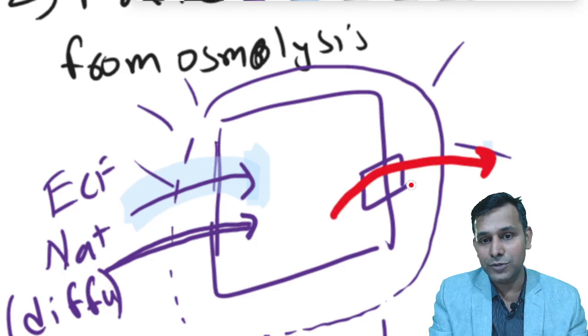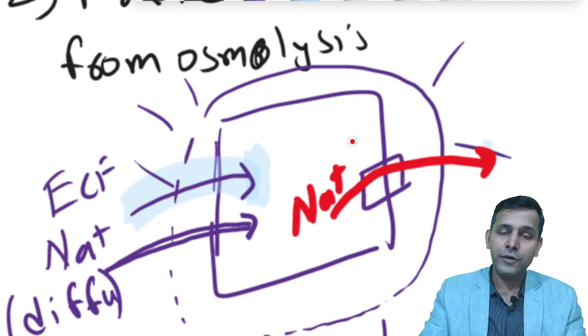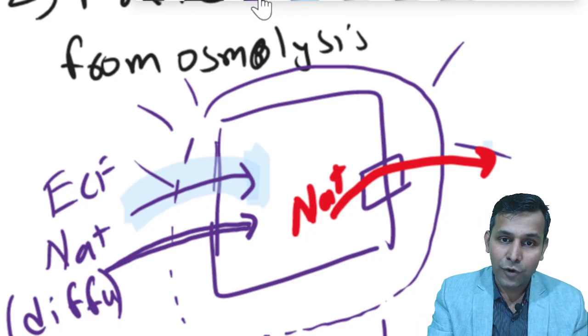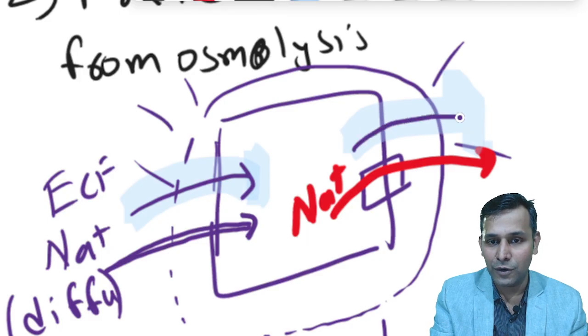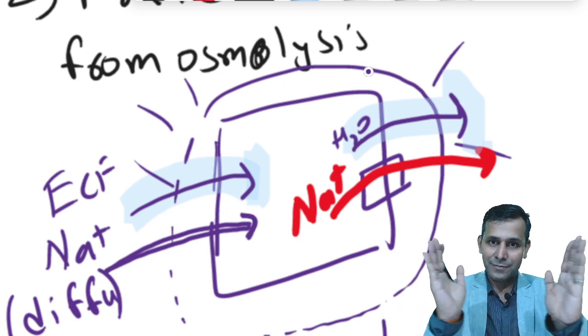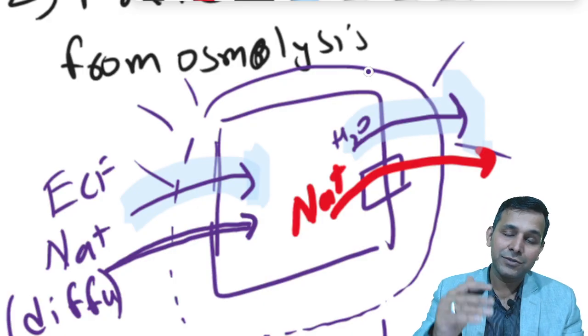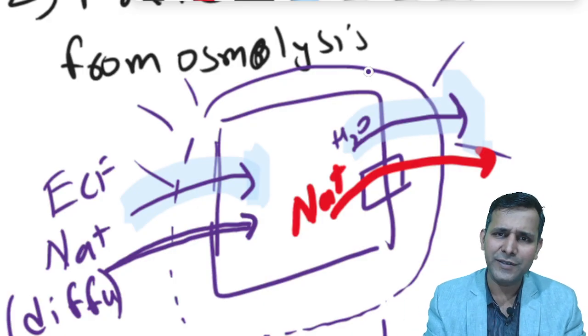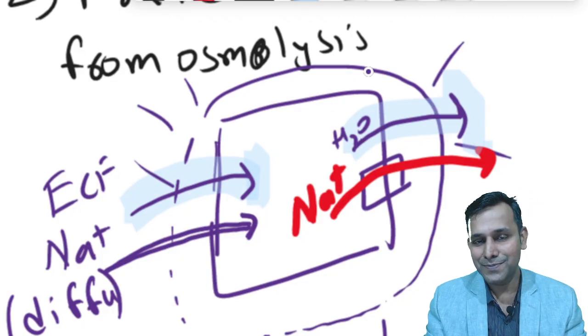Sodium is pumped out, and because you pump out the sodium, the water also moves out along with it. In this manner, the cell comes back to its normal size. So this pump works day in, day out, 24/7, and it prevents the cell from osmolysis.